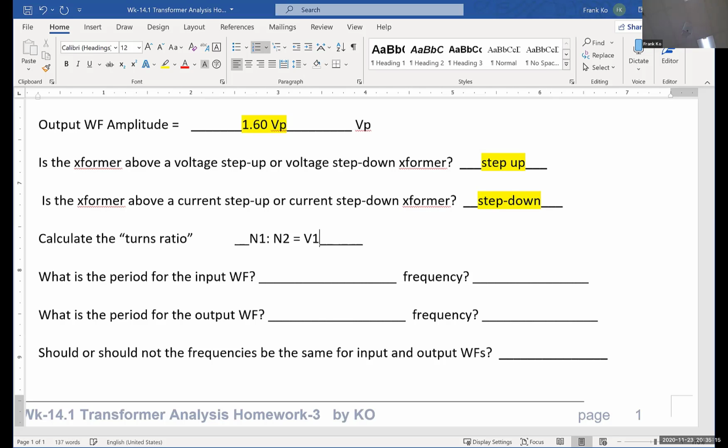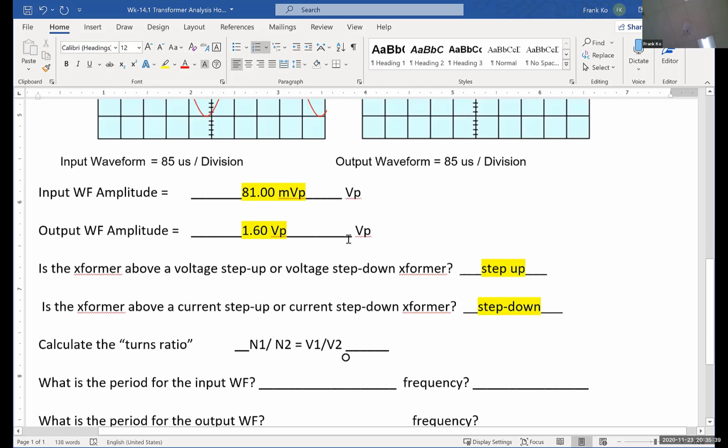So your N1 over N2 is equal to your V1 over V2. And so now we can fill in some numbers here. I can't write on this particular screen because I'm not in that application, but let's go ahead and do this. We happen to have my V1, 0.081, and we're going to divide by 1.6.